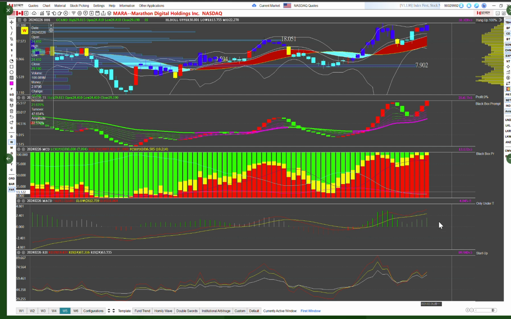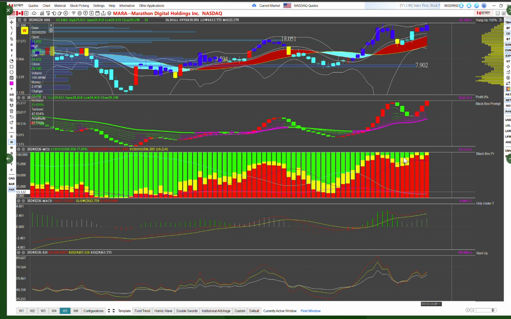MACD and RSI, all of these are positive on the weekly time frame. Matter of fact, if you look over at the inflow and the whale percentages, even though price has gone up significantly from here down to here, you're starting to actually have more whales coming in. You're starting to have more inflow of funds coming in.